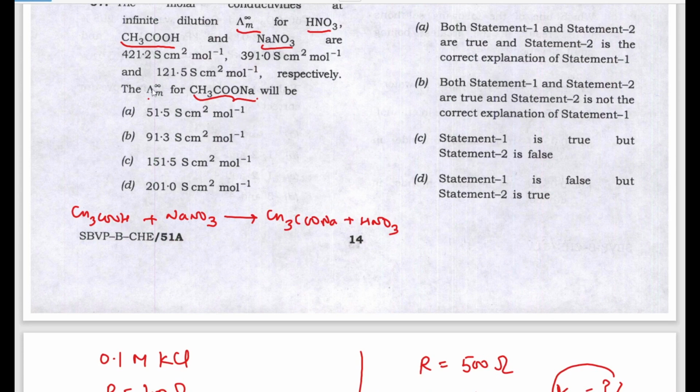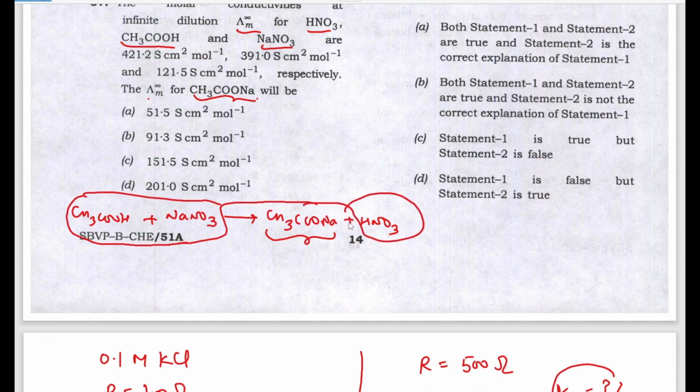And we have to find the molar conductivity at infinite dilution for sodium acetate. So we will add molar conductivity at infinite dilution for both the reactants and will subtract the value of nitric acid.